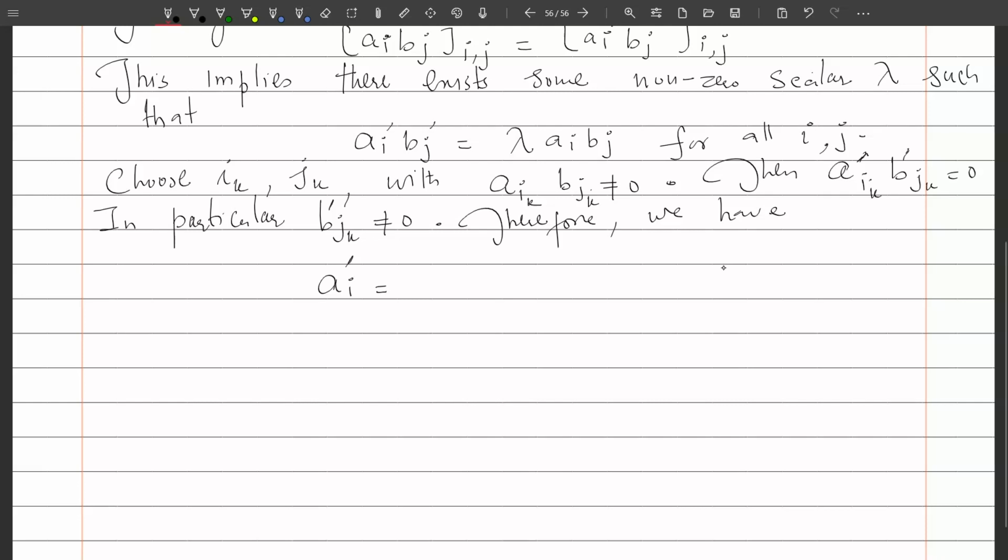So this would imply ai prime will be equal to lambda times, now we are going to divide by this bj prime.